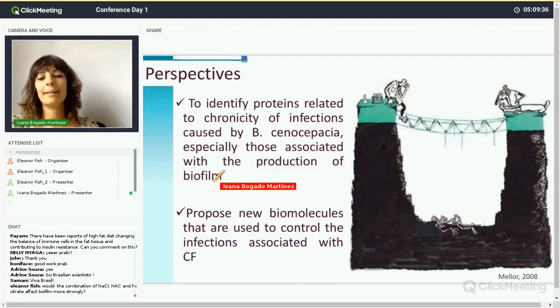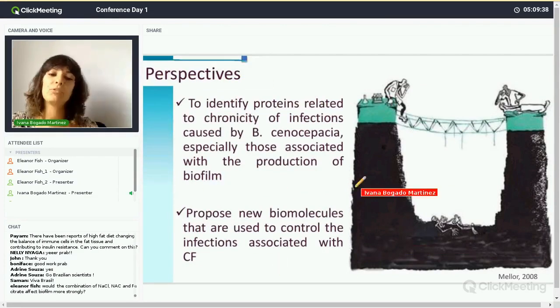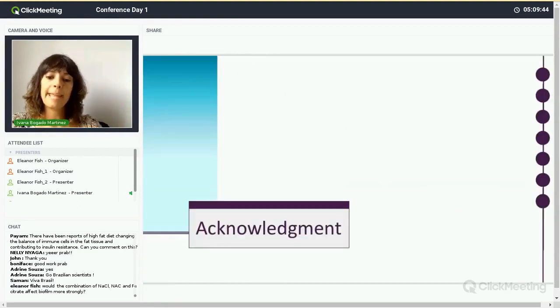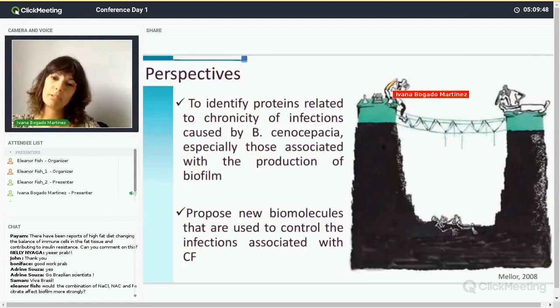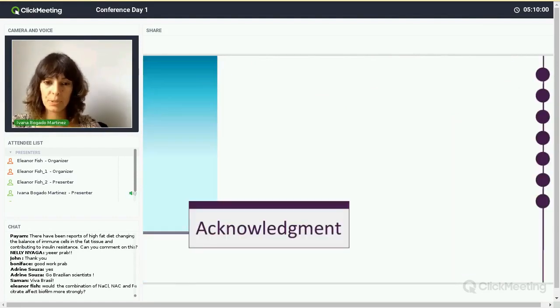The intention is, in the future, to propose new molecules that can be used to control the infections associated with CF. This way we can build a bridge that separates the patient from the clinic, and we can reduce this gap.